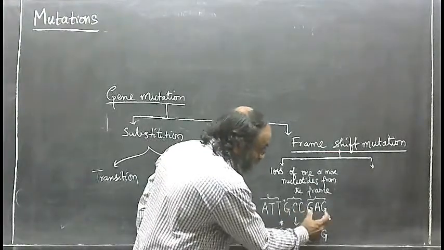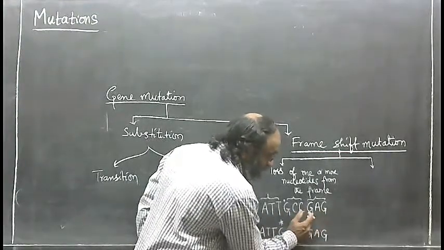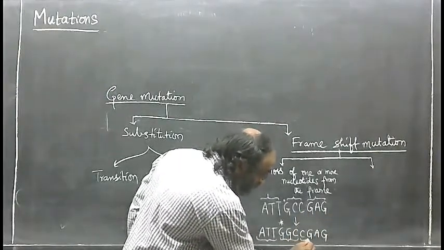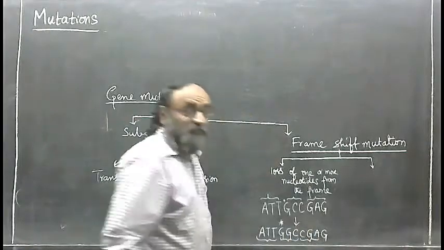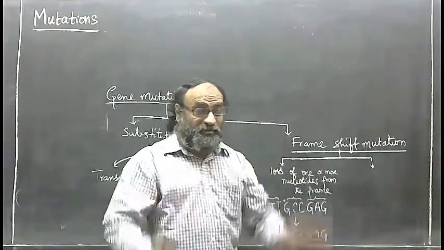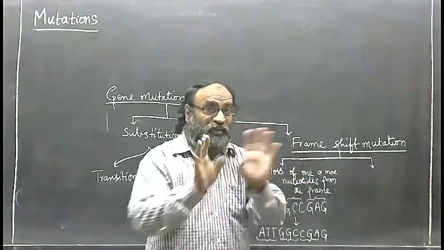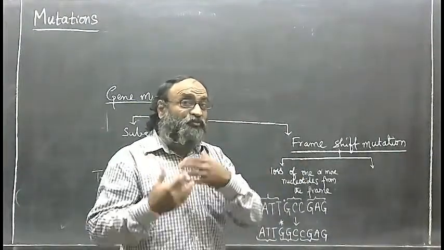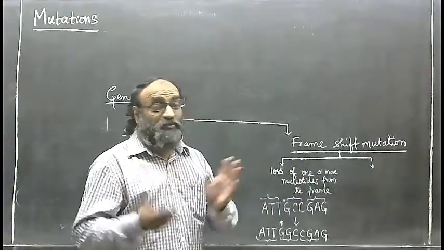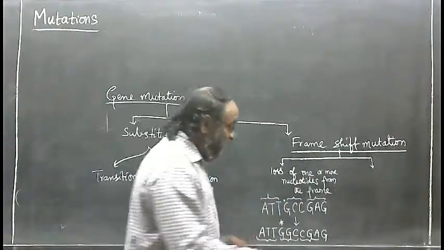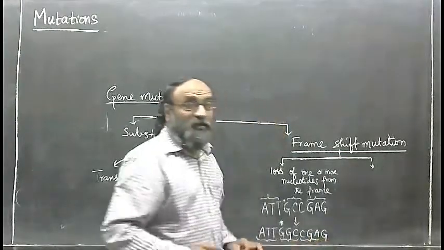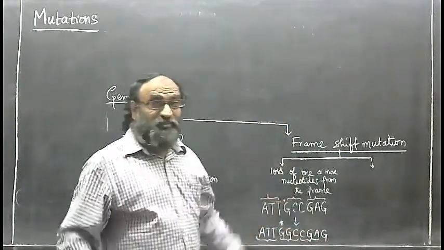Then the third codon is GAG. Here, what is the third codon? It is CGA. Again, the third codon gets altered, gets mutated. It may even change the amino acid. And one codon is left free in this case.